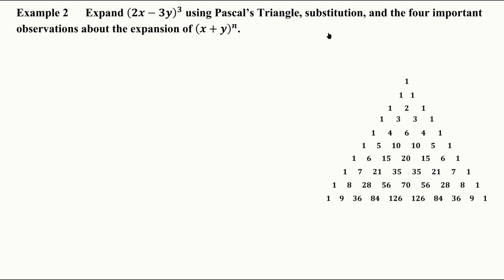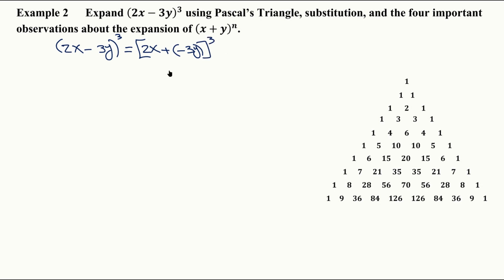We can always take quantity 2x minus 3y cubed and think of it as quantity 2x plus quantity negative 3y cubed.